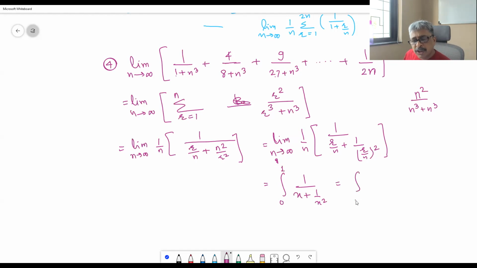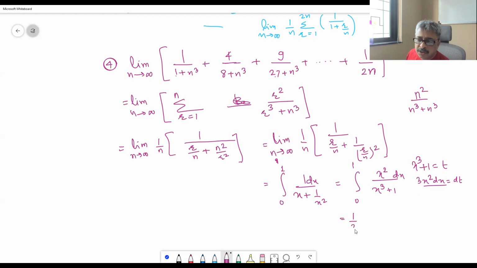Okay, which is integral 0 to 1 x square upon x cube plus 1. Put x cube plus 1 is equal to t. You will get 3x square dx is equal to dt. Therefore, x square dx is equal to dt by 3.